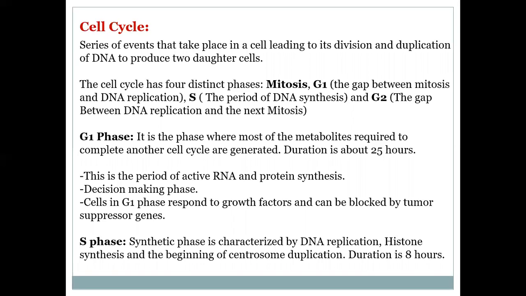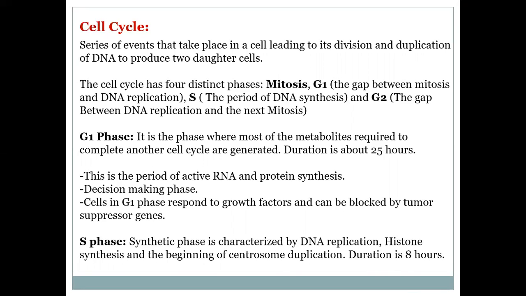At first, in the mitosis phase, one cell divides into two daughter cells. Thereafter, in interphase, there are a few stages: G0, G1, S phase and G2 phase. G0 actually remains dormant in our body.